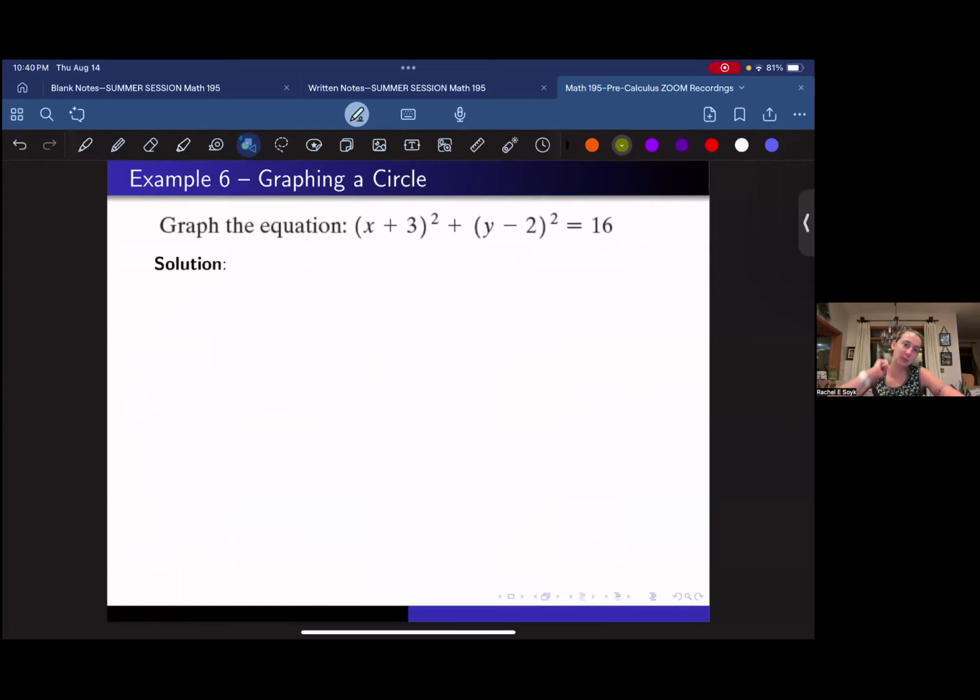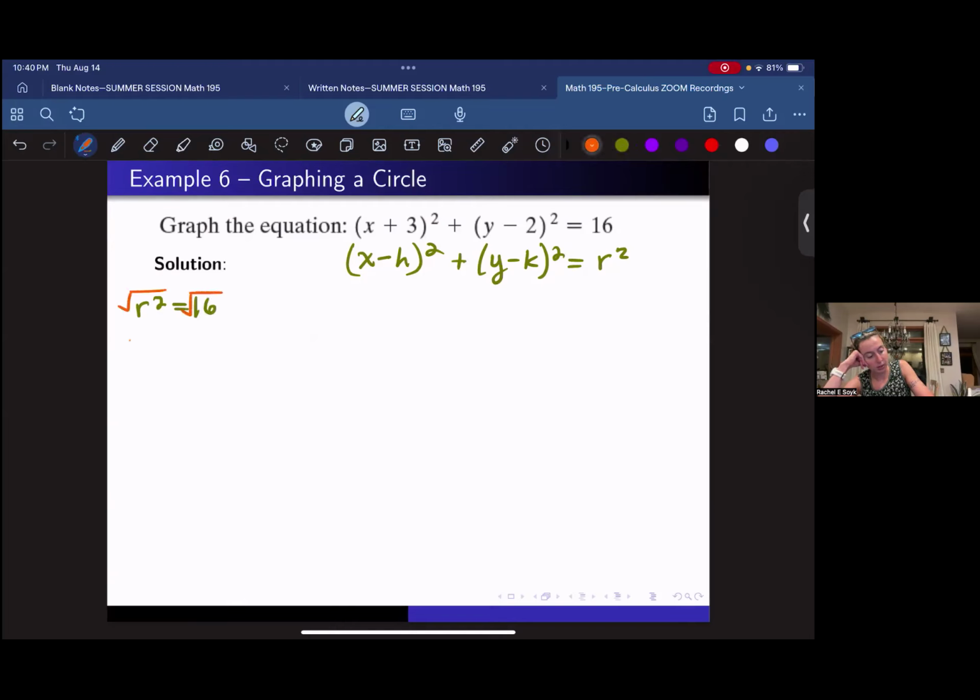Graphing a circle. So right now it's almost in standard form, right? Remember our standard form x minus h in parentheses squared plus y minus k in parentheses squared equals r squared. So that last bit, we just have r squared is 16.